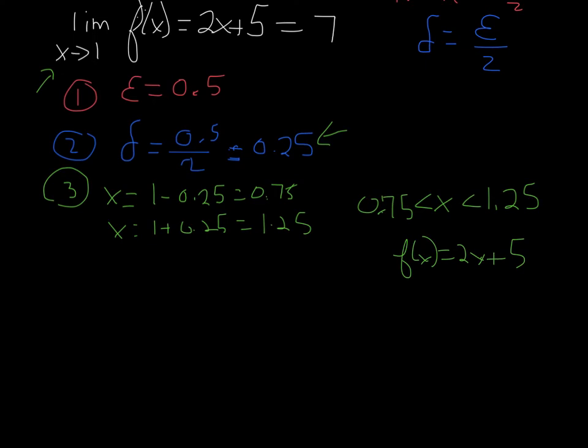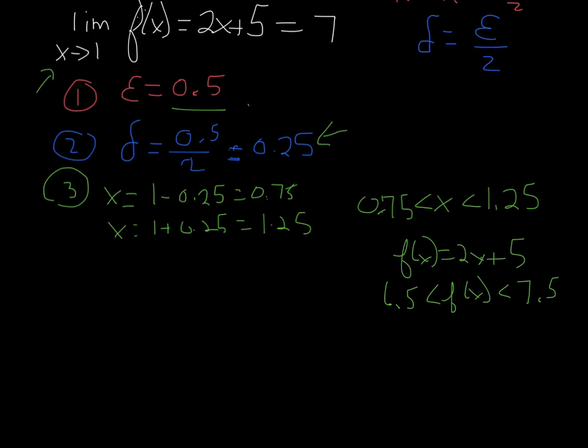Because our epsilon was 0.5, if our f of x answer is less than 7 plus 0.5, or greater than 6.5, which is 7 minus 0.5, then player B wins. If not, then player A wins. And so all we need to do is pick a value in between those two values and put it into the function and see what value the function is going to give us.